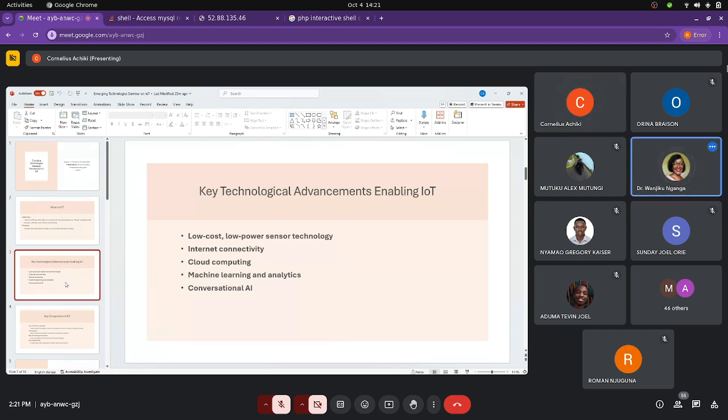This is what I was talking about. So the advancements that we have, as I mentioned, we have low cost. The sensors are quite cheap nowadays that you're able to buy, and also low power.